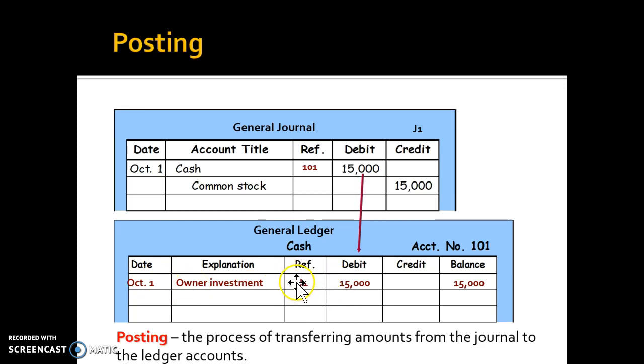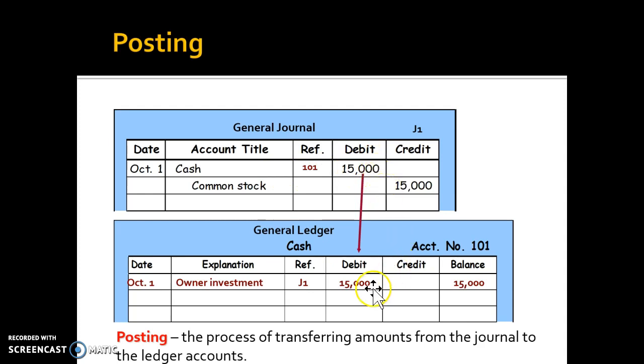See this reference, it refers to J1, which is journal page 1. I can find this 15,000 from here, the debit side. And because there's no beginning balance of this ledger, the ending balance is 15,000. So this technique is called posting. We post any transaction associated with the cash account.